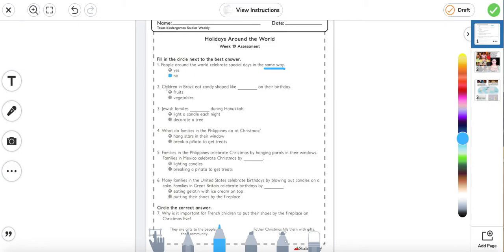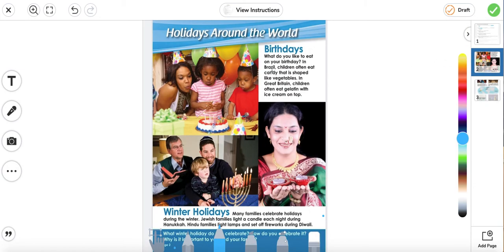Okay. Number 2. Children in Brazil eat candy shaped like blank on their birthday. Is it fruits or vegetables? Let's go to the story to find the answer. In Brazil, children often eat candy that is shaped like vegetables.